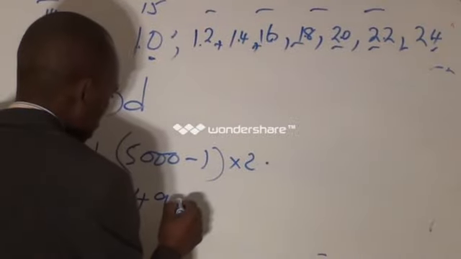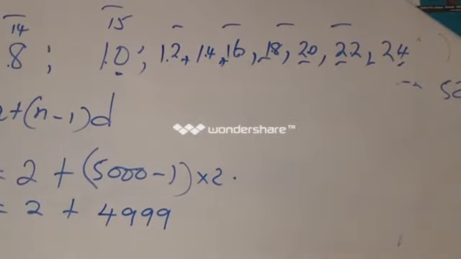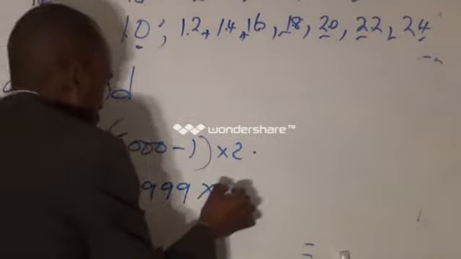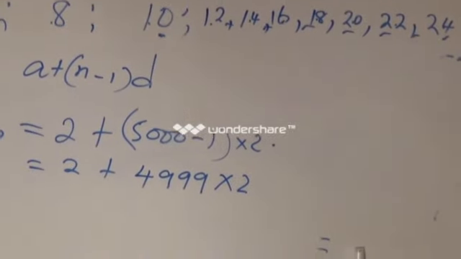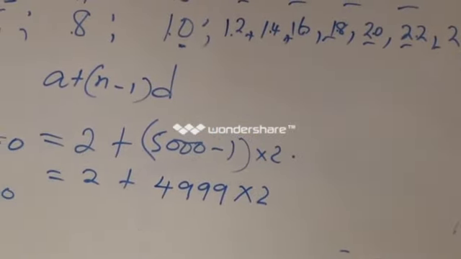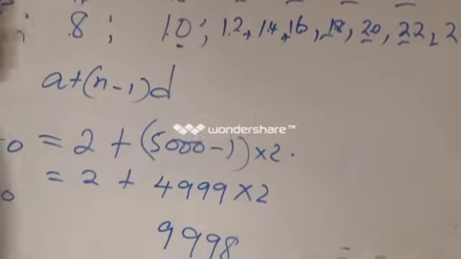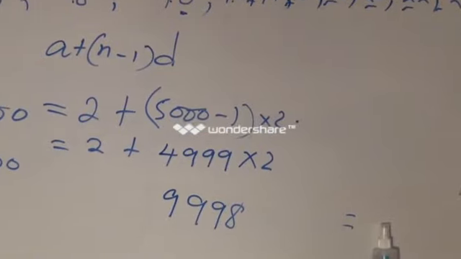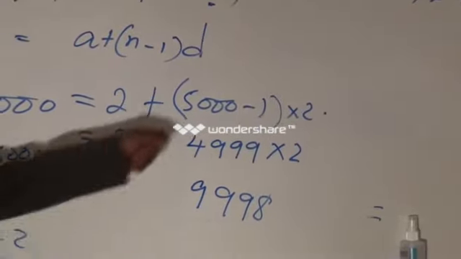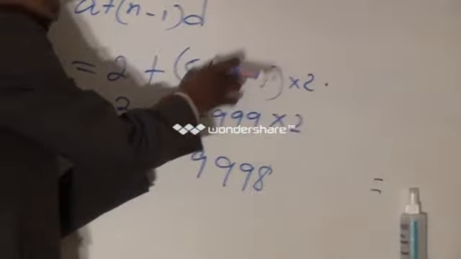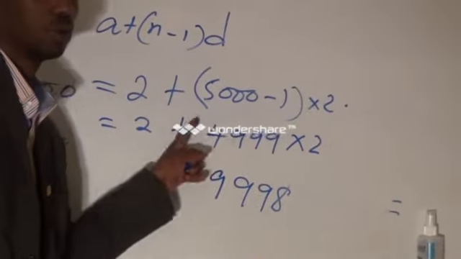Plus 4,999 times 2. What is 4,999 times 2? It's actually equal to 9,998. Correct? Yes. It's the same as 5,000 times 2, which is 10,000, minus 2.